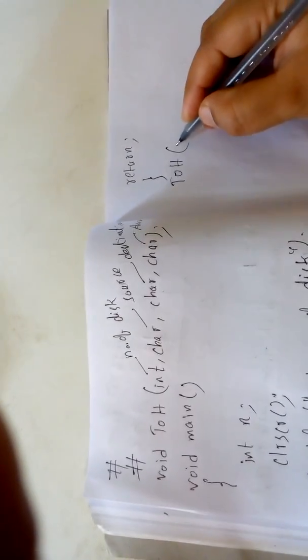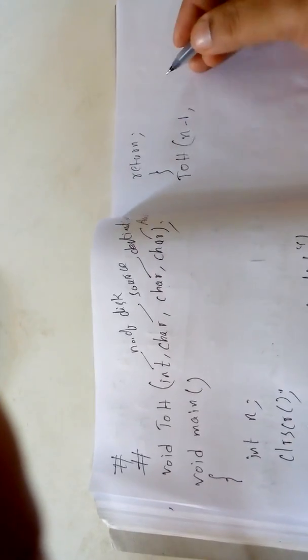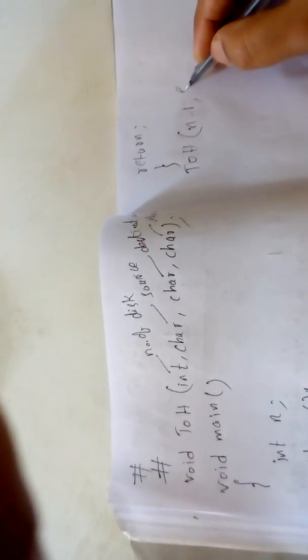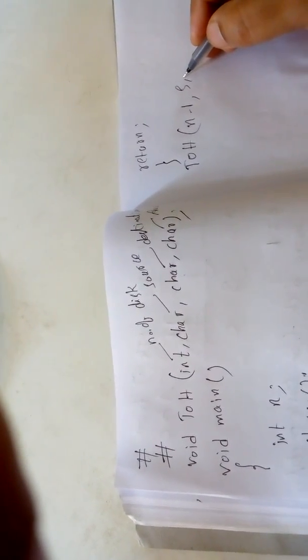Now if the number of plates is more than 1, then we have to call the function recursively, TOH. Now the second step is n minus 1, source, then auxiliary, then destination. Observe carefully here.